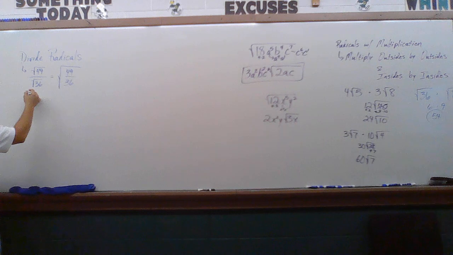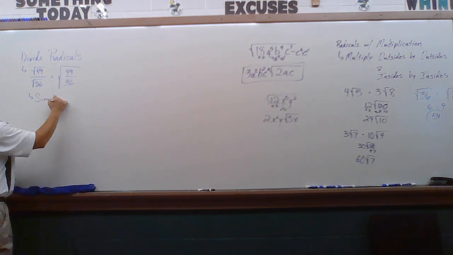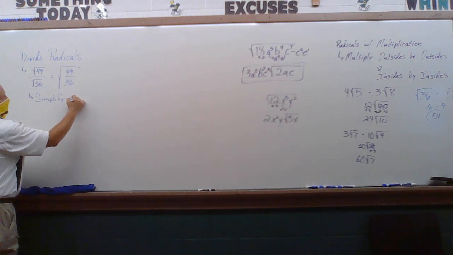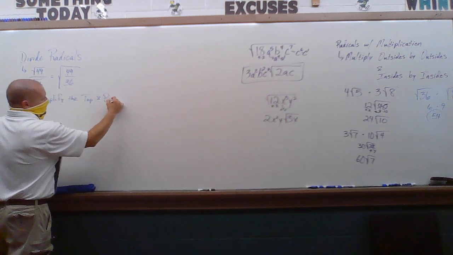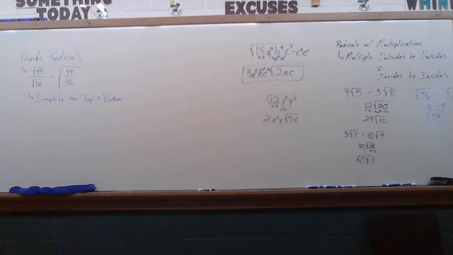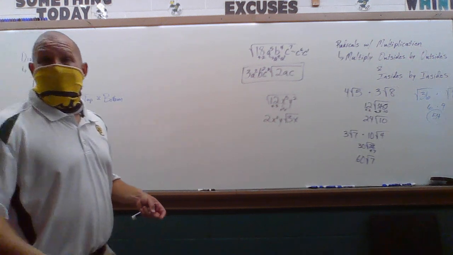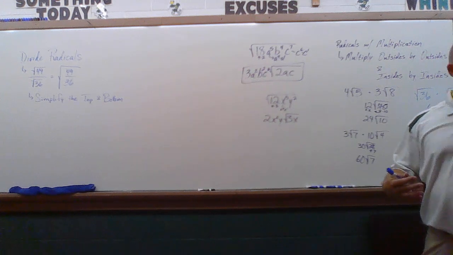But the first thing that I'm going to do is try to simplify the top and bottom without actually doing division. Okay, so can I take the square root of those numbers? Can I divide those numbers? Whatever it is that I can make it smaller.